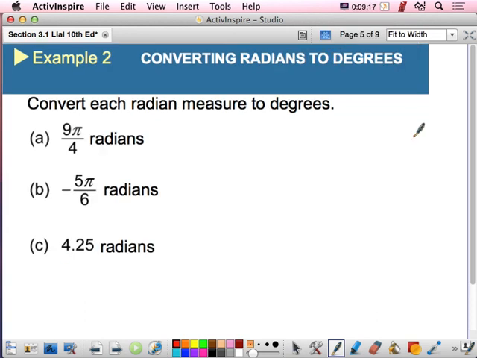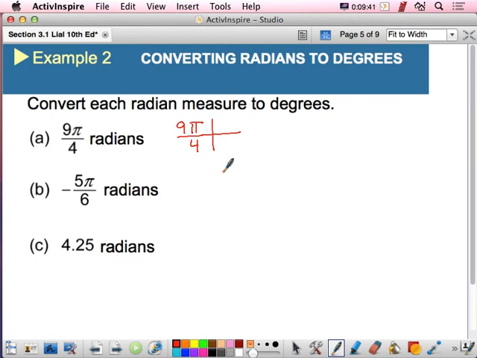Okay, so I'm sure you knew this was coming. Now that we've gone from degrees to radians, we want to make sure we can go the other way, that we can go from radians to degrees. So let's take a look at 9 pi over 4 radians. I'm going to multiply that by my conversion factor, which in this case, I want to go to degrees.